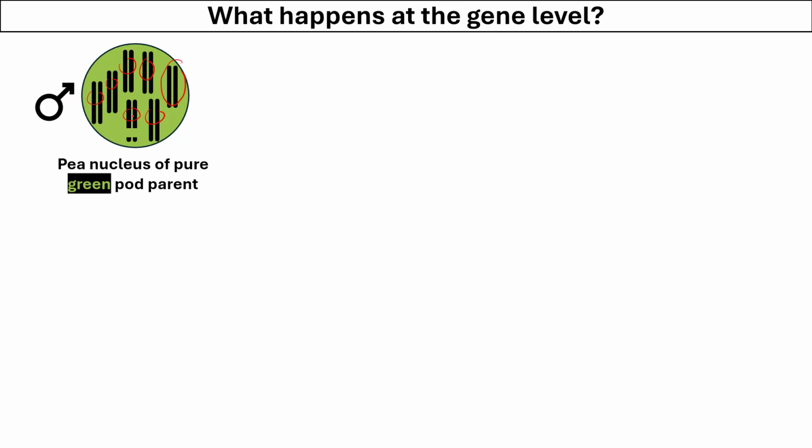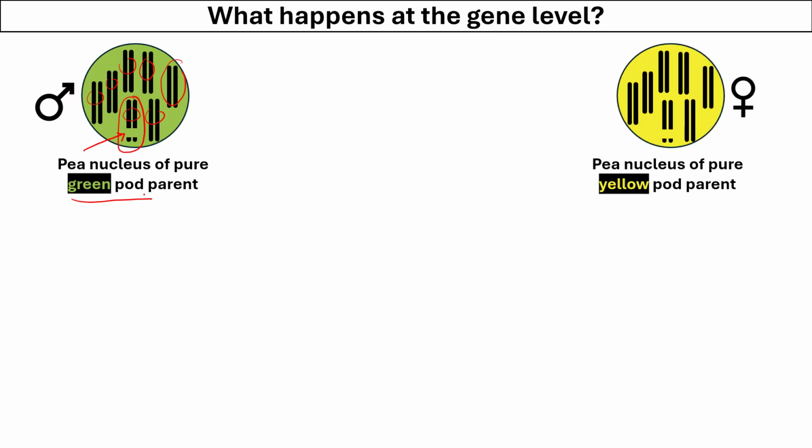And let's say on one of these chromosomes, which is this one, you have the gene for pod color, representing green pod color. This is the father plant and this is the mother plant. The mother plant also has 7 chromosomes, and on the 6th chromosome you have the allele for yellow pod color.